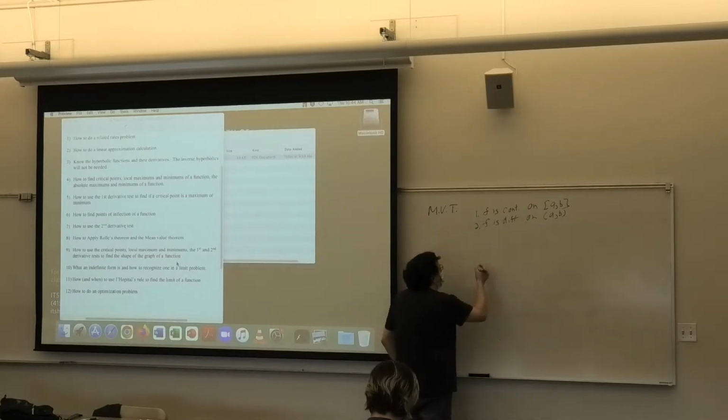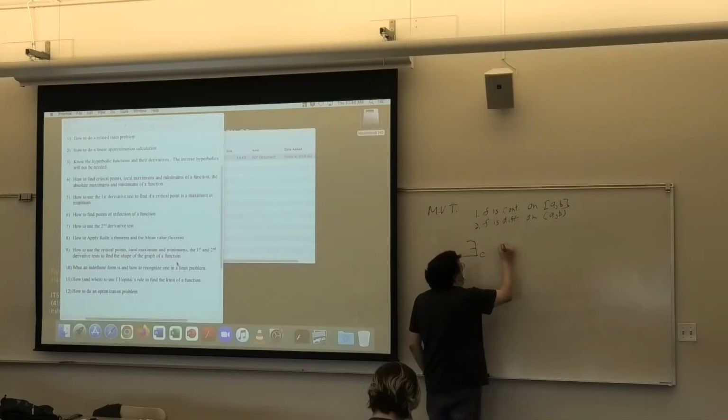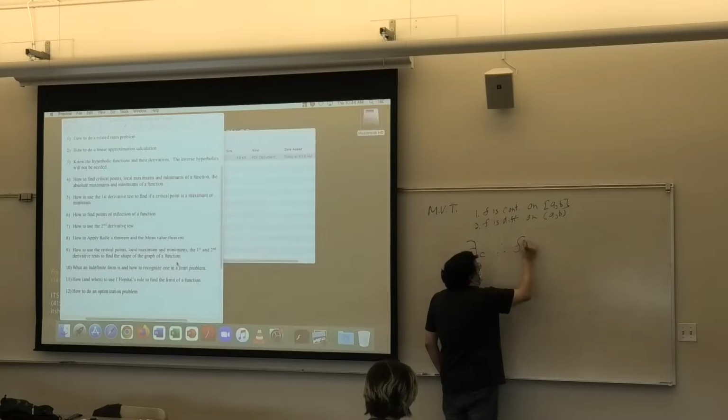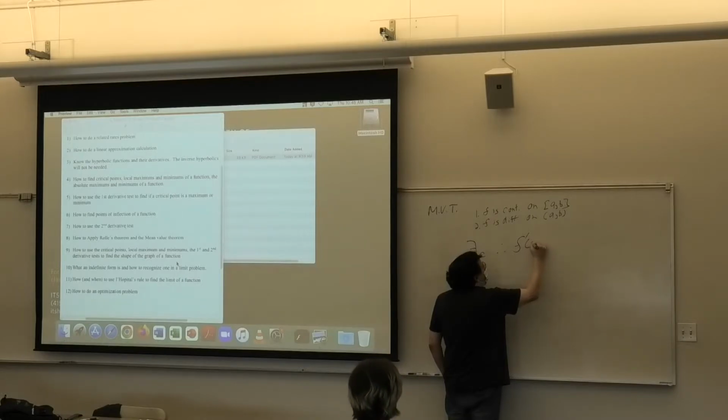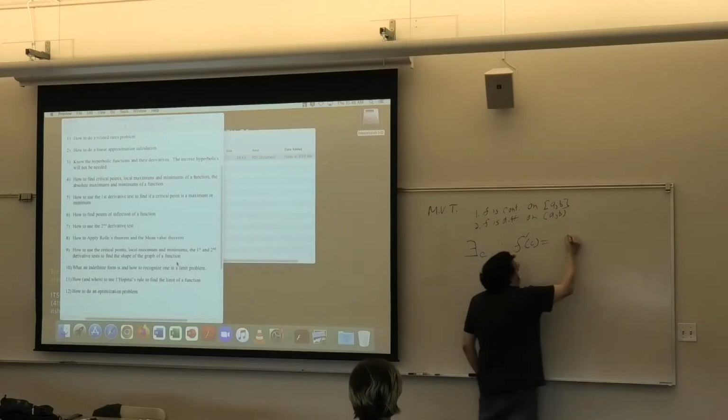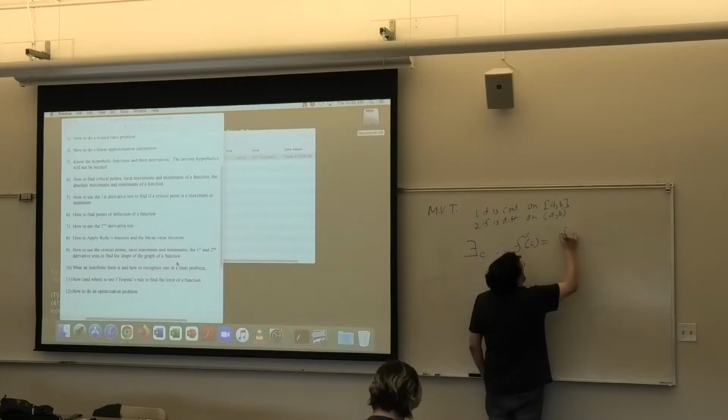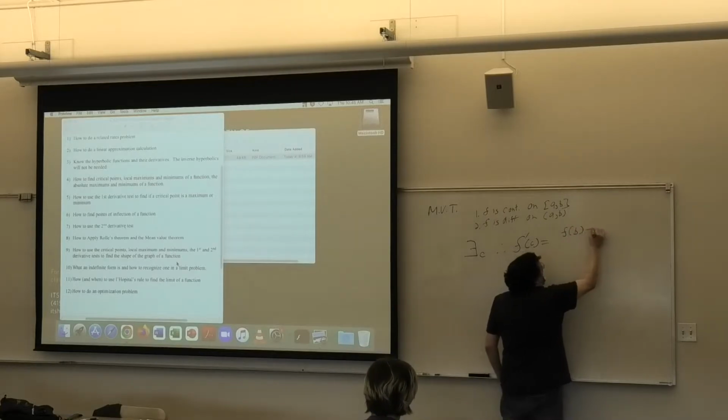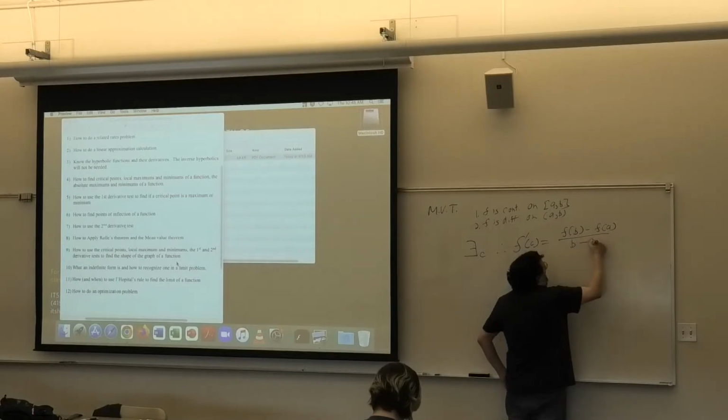The mean value theorem says that if these 2 are true, then there exists some c such that the derivative at c is equal to f of b minus f of a over b minus a.